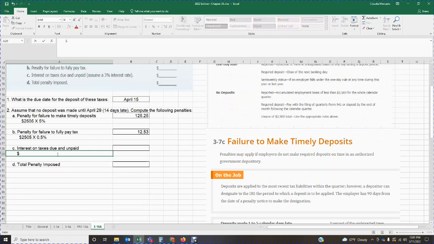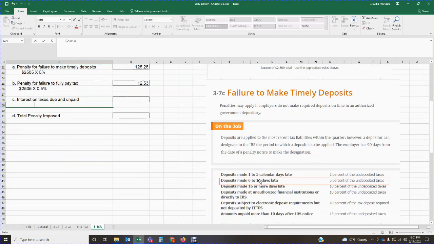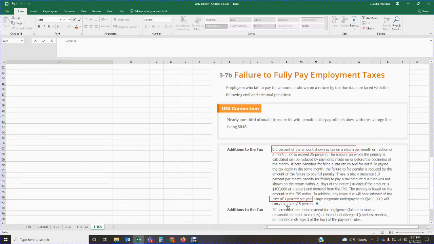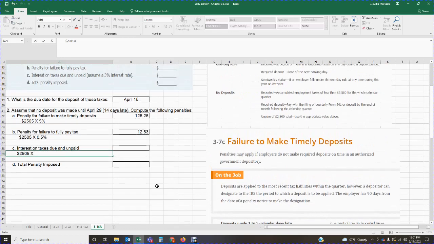So we know that the amount of the taxes was 2505. I'm going to multiply that by the rate of, how much was it? 3%. Yes, 3% times how many days were we late? We were 14 over 365. So I'm going to pay interest on those 14 days.